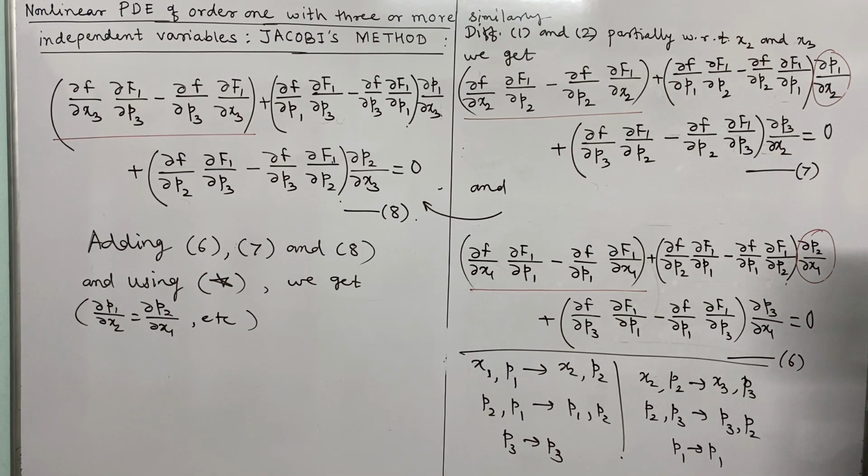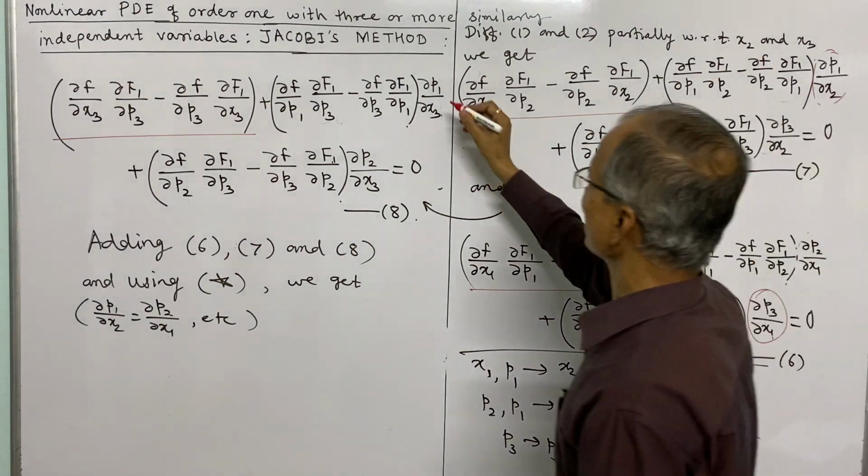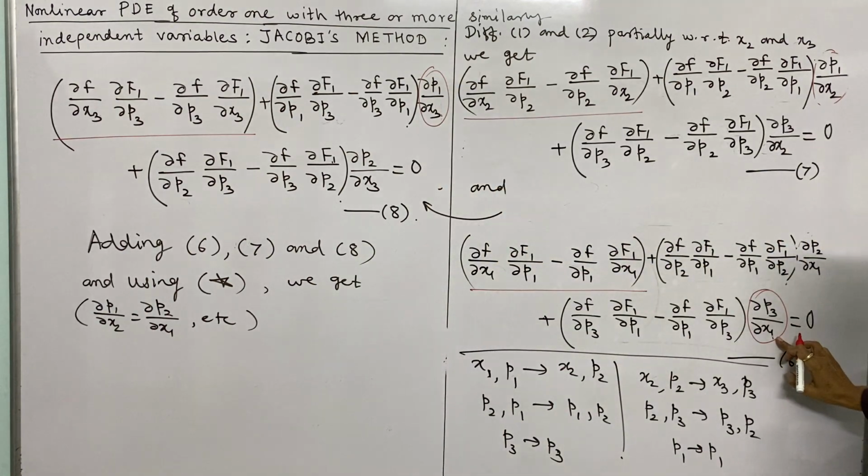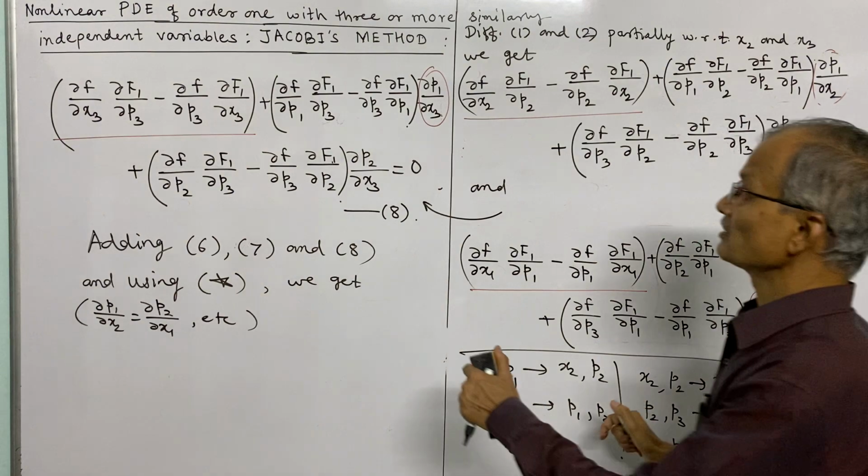And next, similarly, what we will have is this term ∂P3/∂x1. Now we will consider ∂P3/∂x1. This is exactly the same as ∂P1/∂x3. So where is the term ∂P1/∂x3? 1 and 2 are interchanged, and you may observe this is the same.